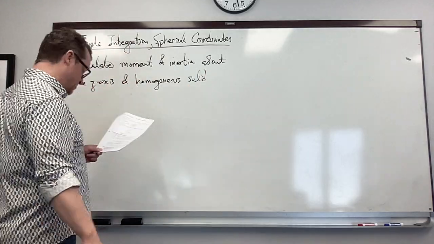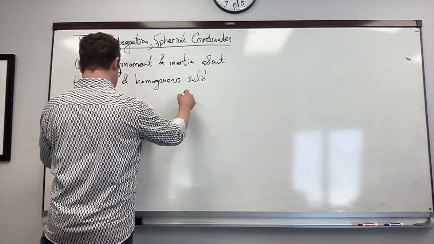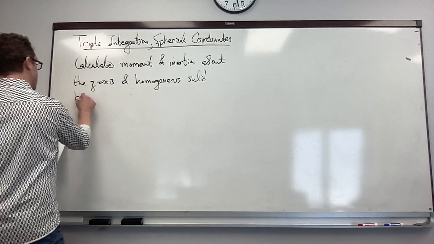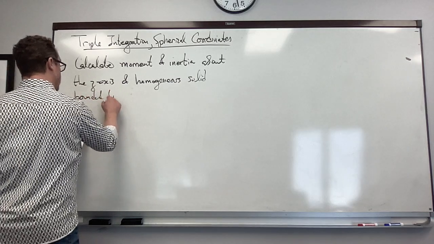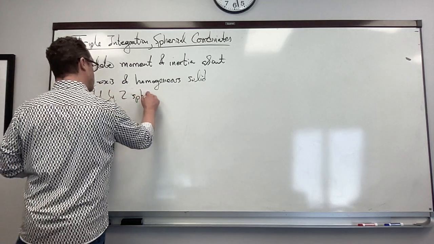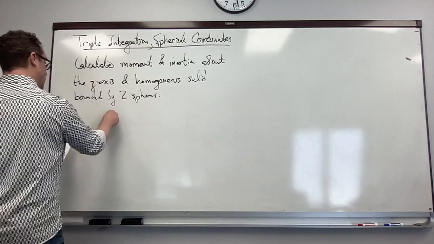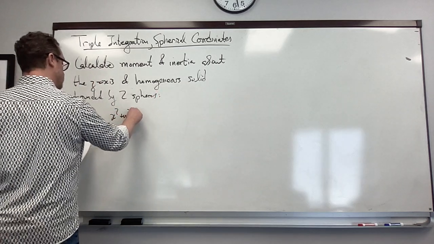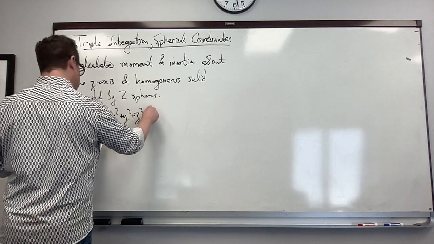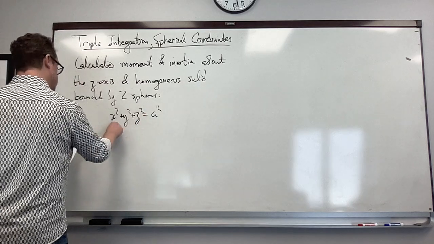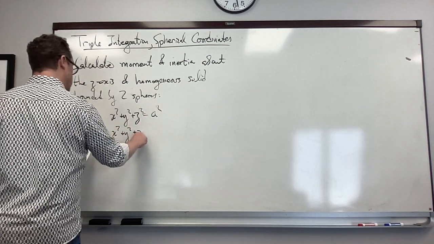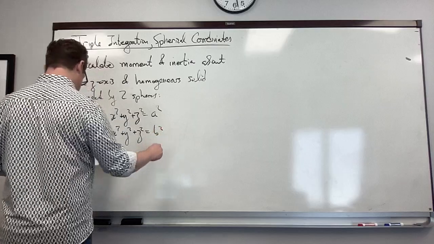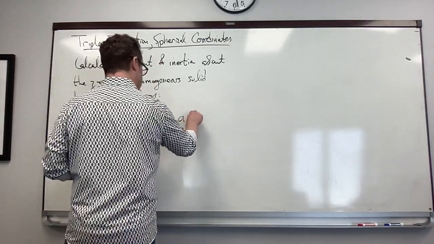So the density is not a function of position within the solid. Homogeneous solid bounded by the two spheres, x squared plus y squared plus z squared equals a squared, and x squared plus y squared plus z squared equals b squared, where a is less than or equal to b.